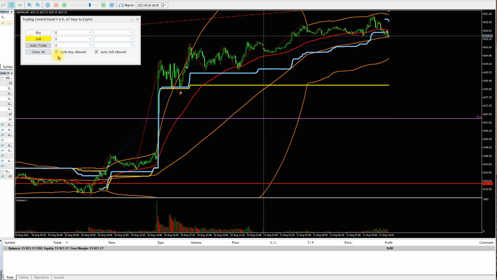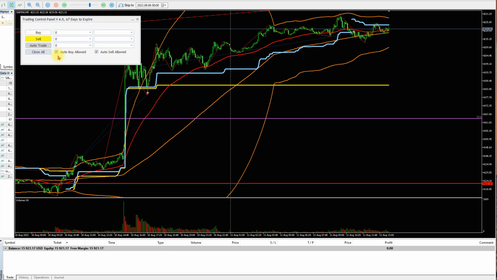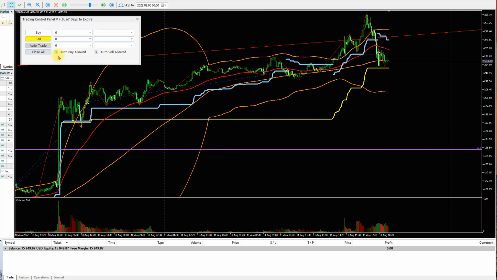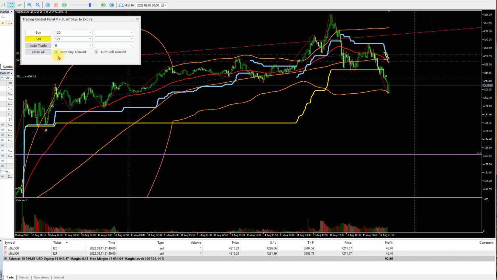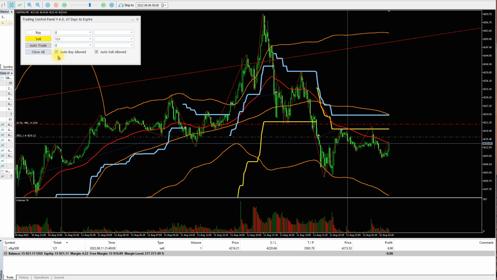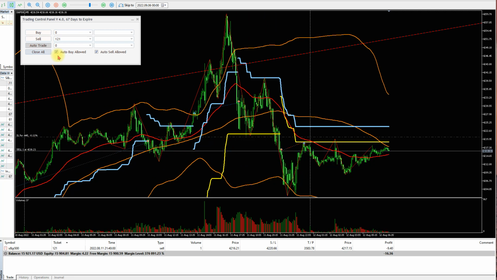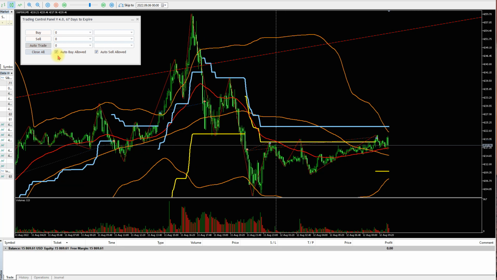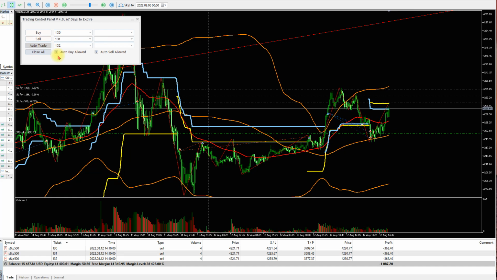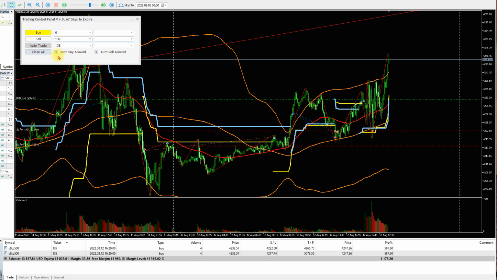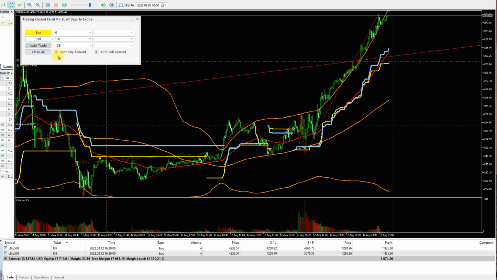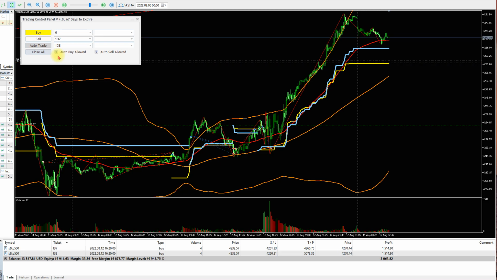So the system right now is in drawdown, and the drawdown is becoming less and less. So this is real data of SP 500 from the 1st of August.